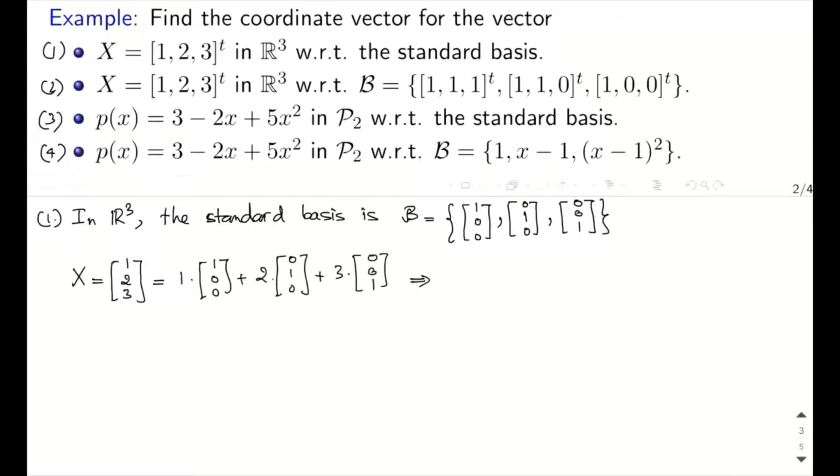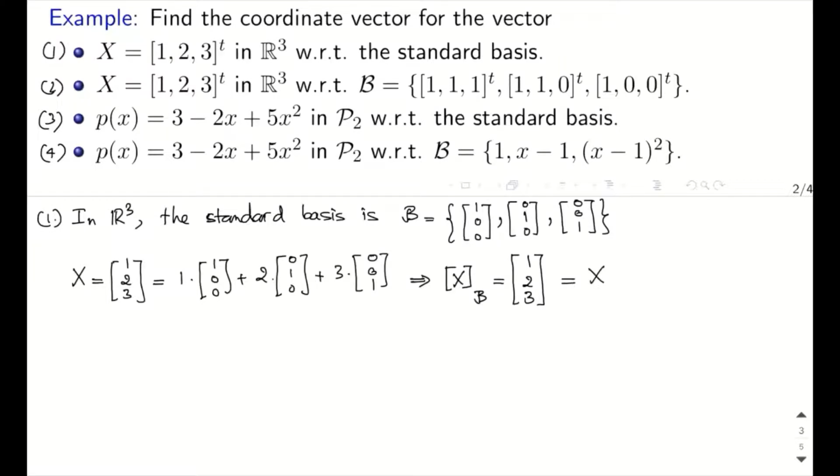After you successfully express this as a linear combination, the scalars will be the coordinates. If you arrange the scalars in a column, it represents the coordinate vector for x with respect to the basis B. The square bracket means the coordinate vector for the vector x with respect to the basis B. Now, in this case, coincidentally, you can see that the coordinate vector is equal to the vector itself.